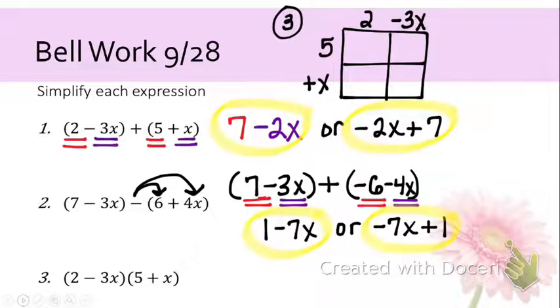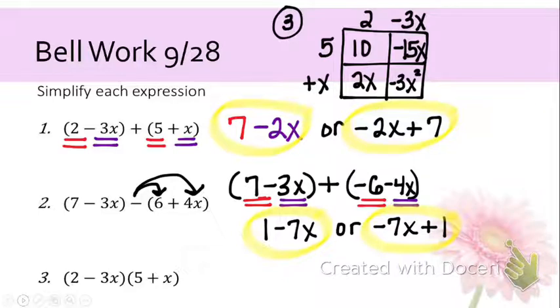So we got to take 2 times 5, which is 10. Negative 3x times 5 is negative 15x. 2 times x is 2x. And then negative 3x times x would be negative 3x squared.